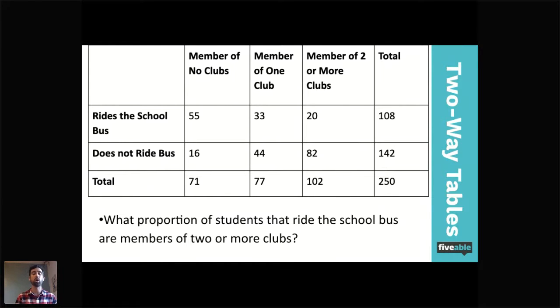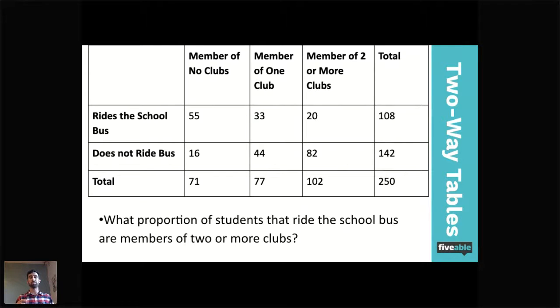So we know 108 students ride the bus, and we can see that right over there in that total column. Of those 108 kids, how many are members of 2 or more clubs? Well, again, super easy. This is why we like two-way tables. 20 of those 108 kids are members of 2 or more clubs. So our proportion here would be 20 divided by 108.